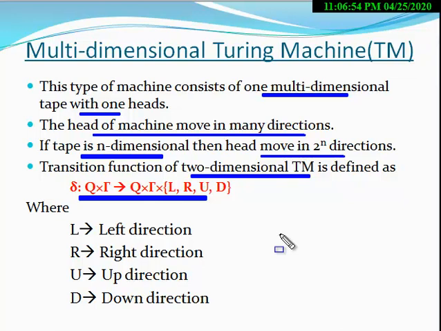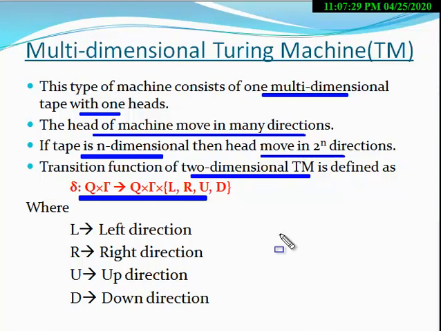The ability of these variations to perform tasks is greater than that of the normal Turing machine. If you cannot construct a deterministic Turing machine for a particular language or particular function, then you can use any of these Turing machines for that language or function.